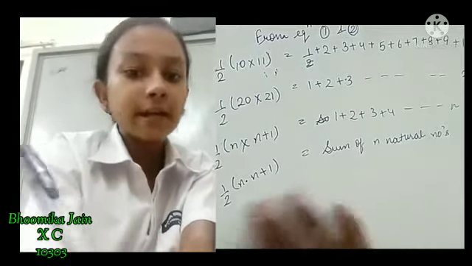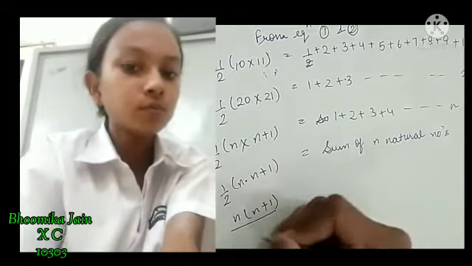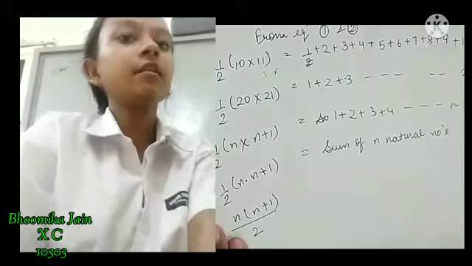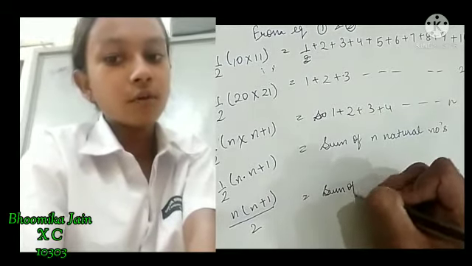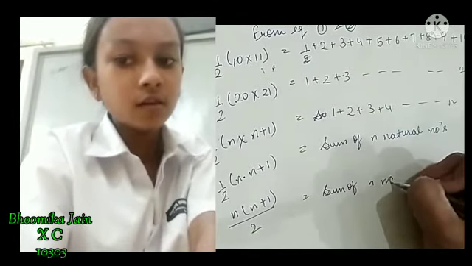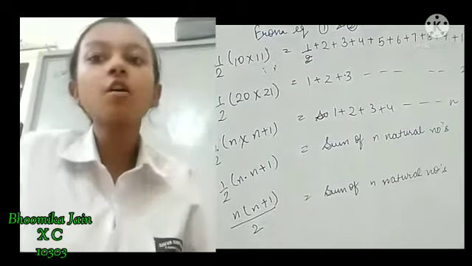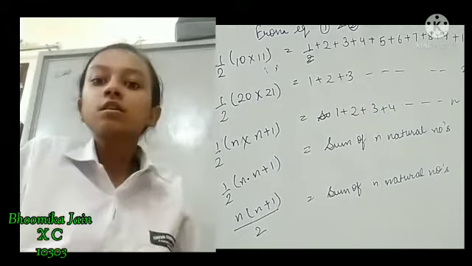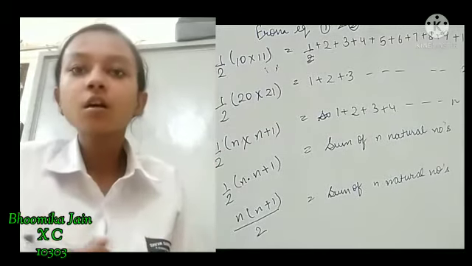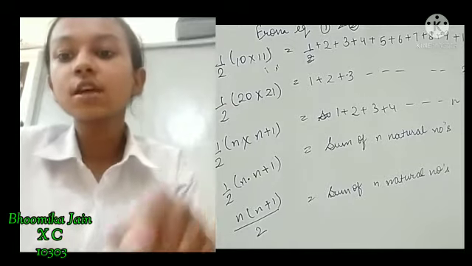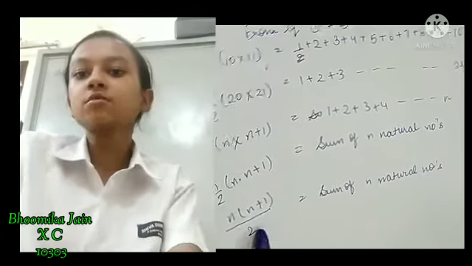This we can also write as n into n plus 1, the whole divided by 2, and this will be the sum of n natural numbers. So this is how we have proved, we have verified this formula of the sum of n natural numbers, n into n plus 1 by 2.